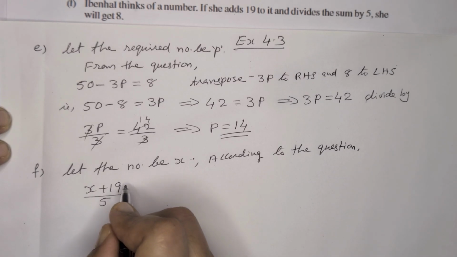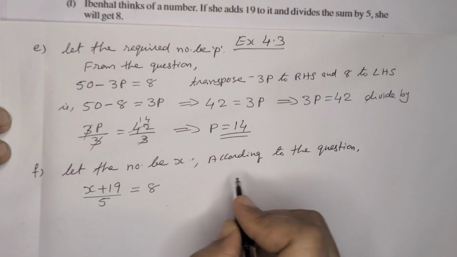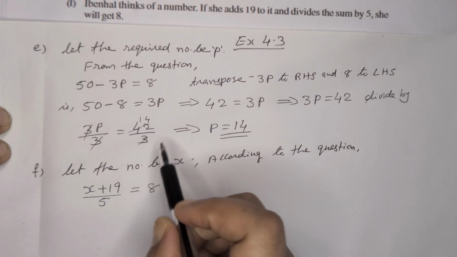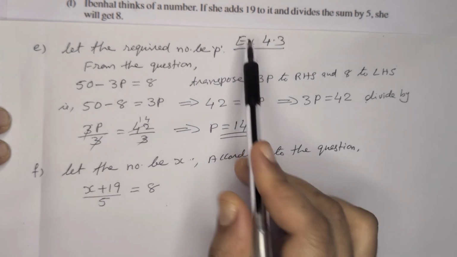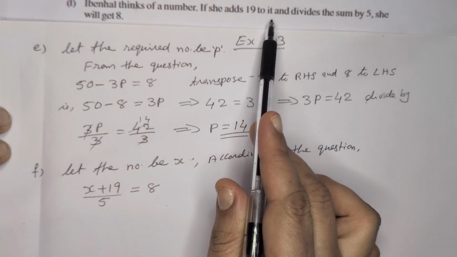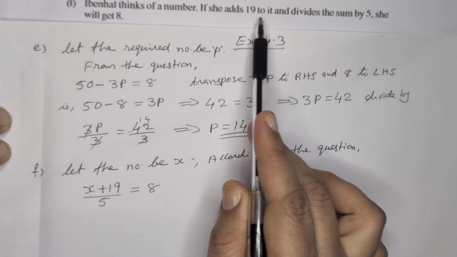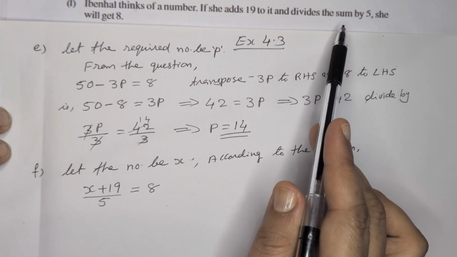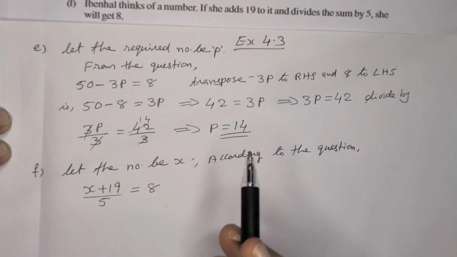Then she will get 8. So from the question we can write the equation the same way: she thinks of a number that we have taken as x and adds 19 to it, so x plus 19, and divides the sum by 5. So (x plus 19) by 5, and she gets 8 as the answer.